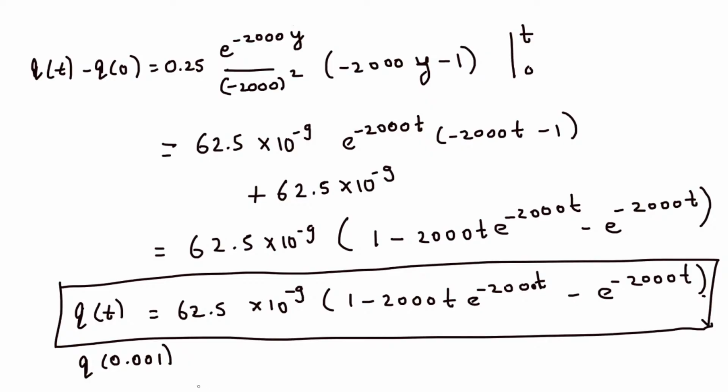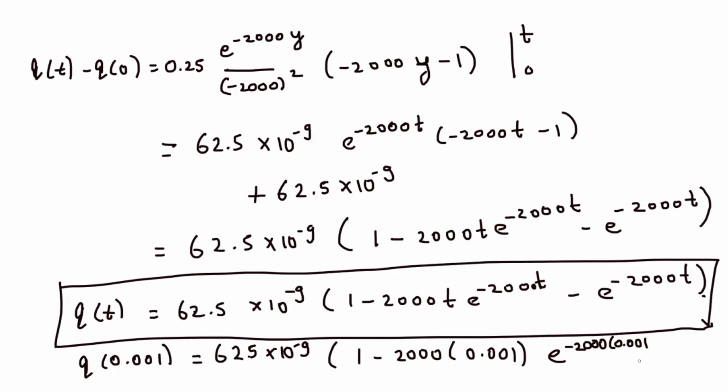So we put 0.001 here, and then 62.5 times 10 to the power minus 9 remains, and then 1 minus 2000, and instead of t, we replace that with 0.001, and then e power minus 2000 times 0.001, and then minus e power minus 2000 times 0.001. After that, you just need to do the calculation.